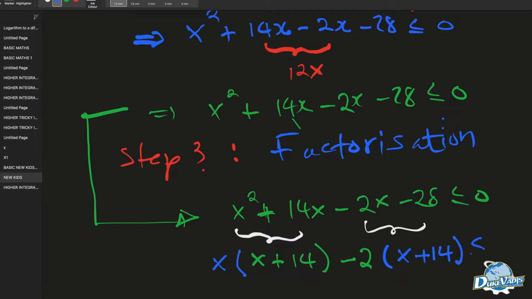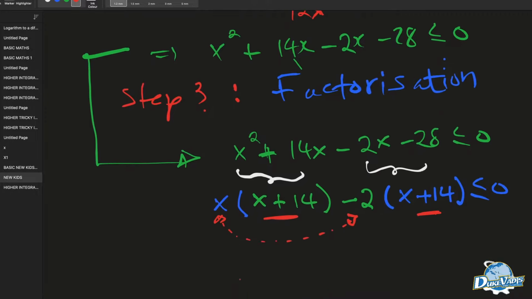Friends, have you realized that it's less than 0? The beautiful thing is the equation is solved. But now we will realize that x plus 14 and x plus 14 has repeated itself. So that will be one factor, and x plus 14 will be another factor.